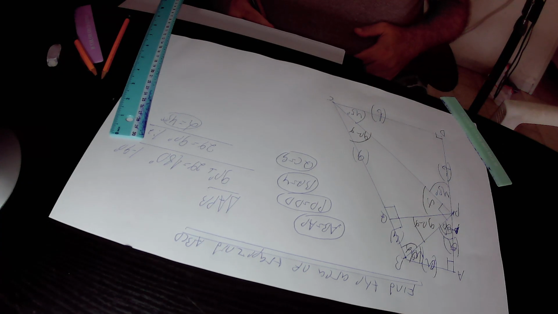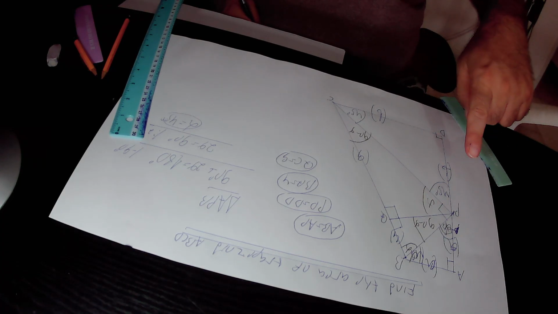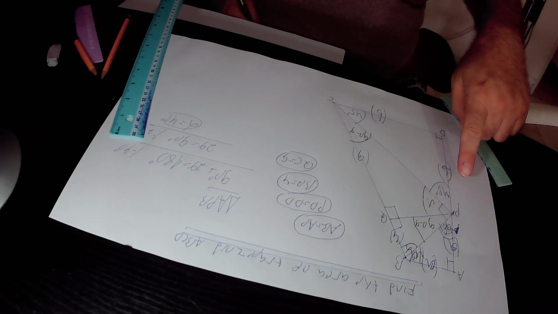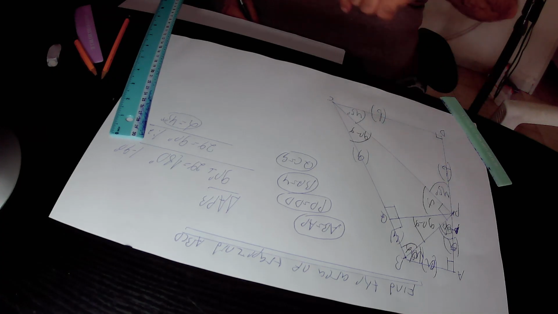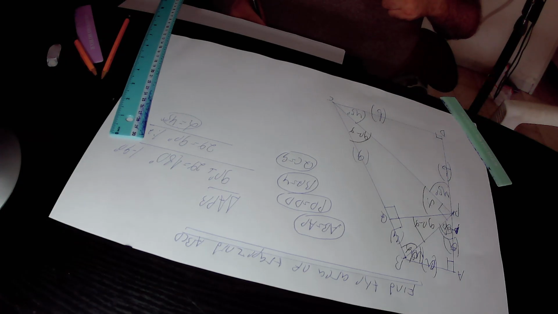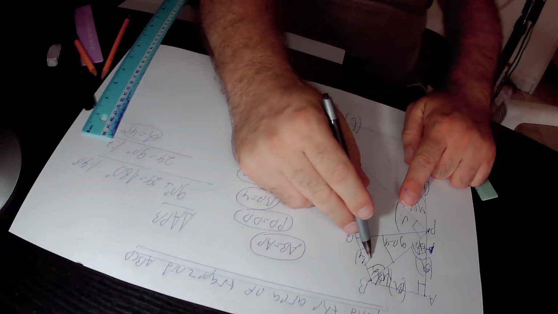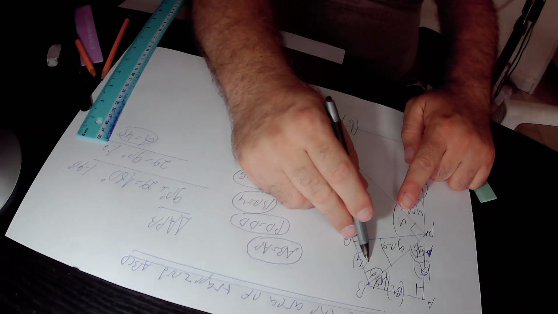In the next step, we'll prove that the small right triangle PBQ is similar to this big right triangle PQC. So why are those two right triangles similar to each other? First of all, those two angles are both equal to alpha, therefore they are equal to each other.